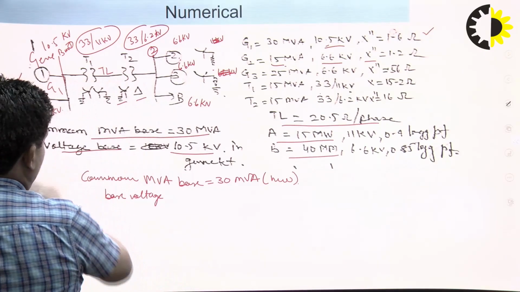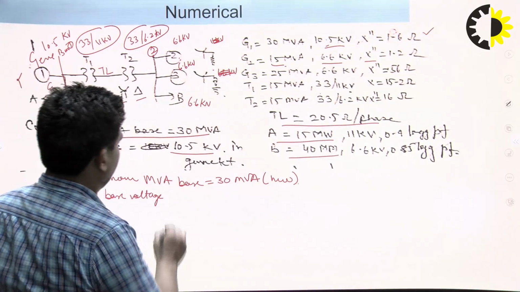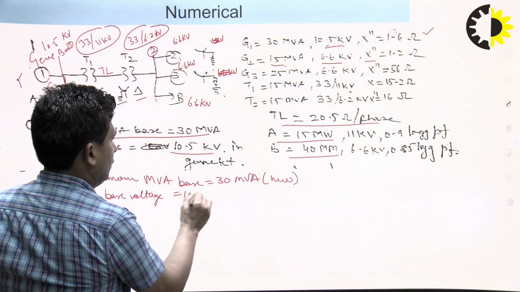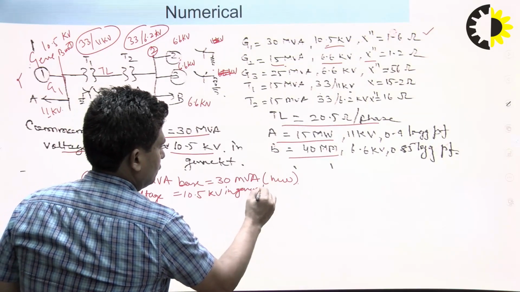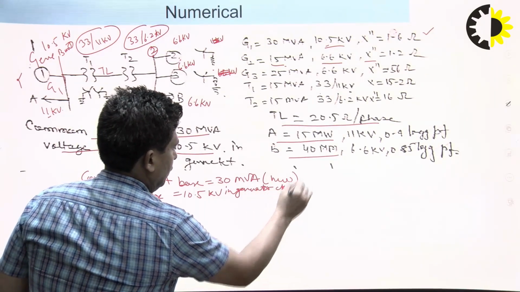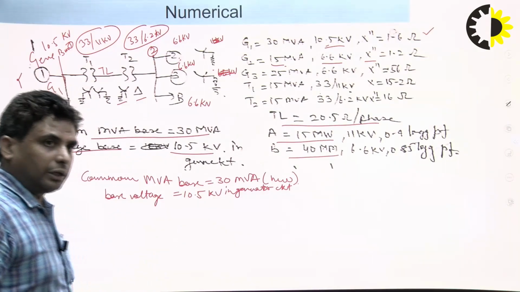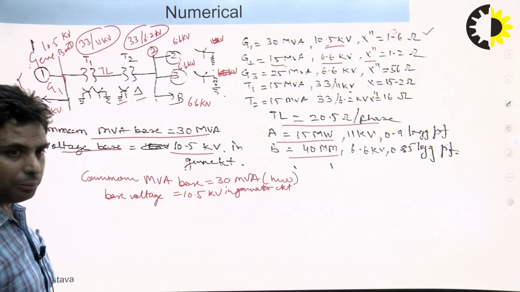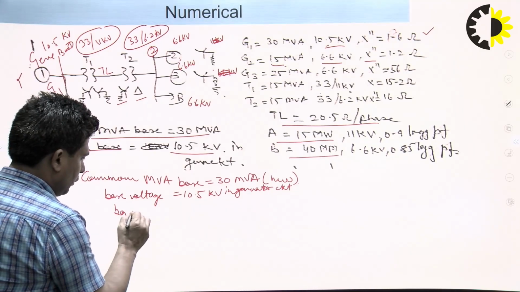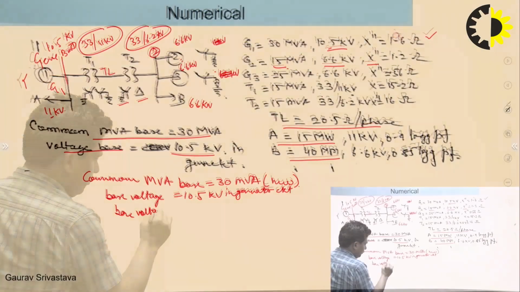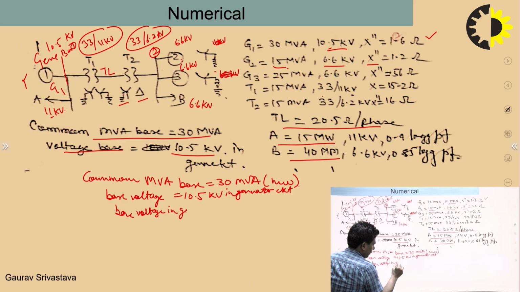Here, in the question, the voltage base is given as 10.5 kV in the generator circuit. If we find the generator circuit, what is our next step to be calculated? We have to find the base voltage in generator G1.